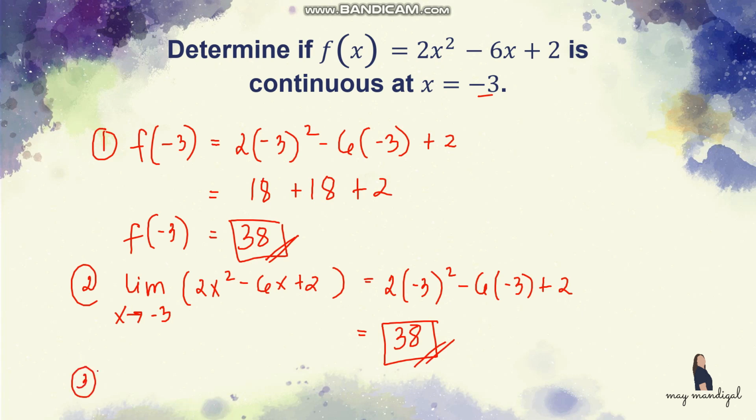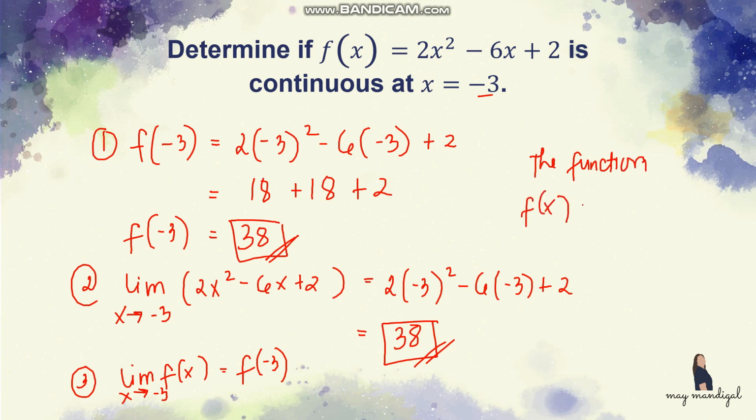Now, since we notice that the limit of our function f of x as x approaches negative 3 is the same as f of negative 3, therefore we can say that the function f of x equals 2x squared minus 6x plus 2 is continuous at x equals negative 3.